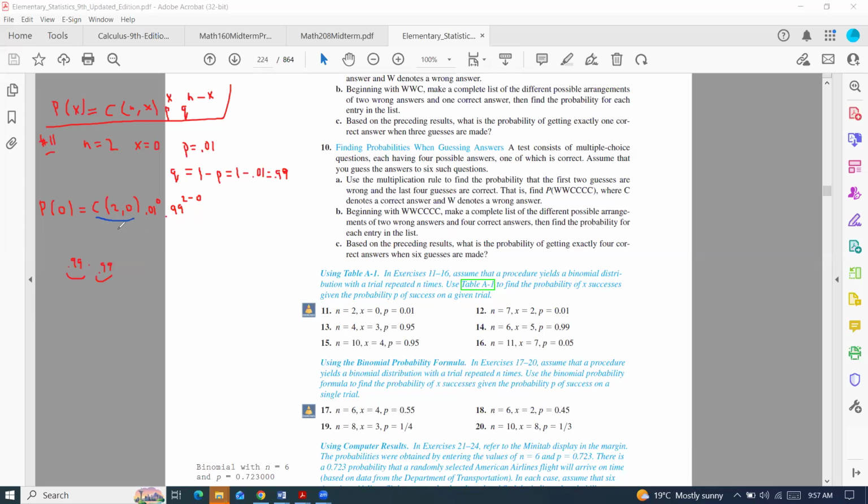And if you decide to calculate this in the formula, the way to choose 0 out of 2 trials, the combinations 2 comma 0, is going to be equal to 1. Let's see, really? Well, we can put it in a calculator and multiply by 0.01 to the power of 0, and any number to the power of 0 is 1 arithmetically.